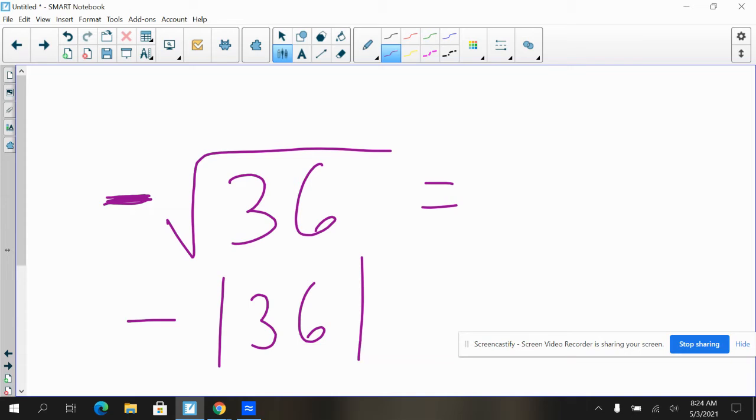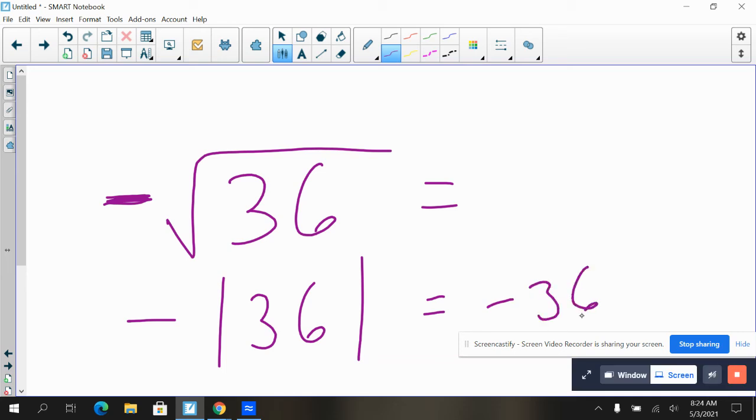What was the answer on the bottom one? Logan, do you remember? It was negative 36, because the negative is on the outside. What's the square root of 36? 6. Since the negative is on the outside, it comes along for the ride.